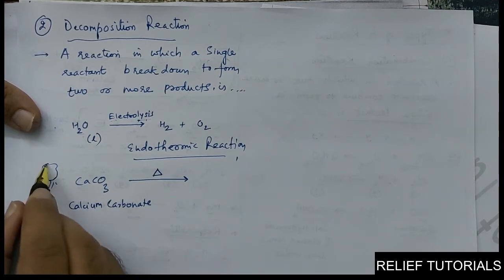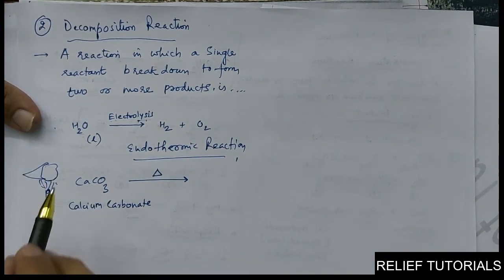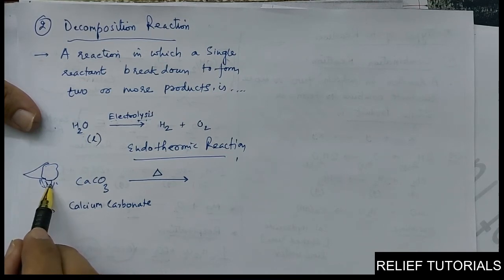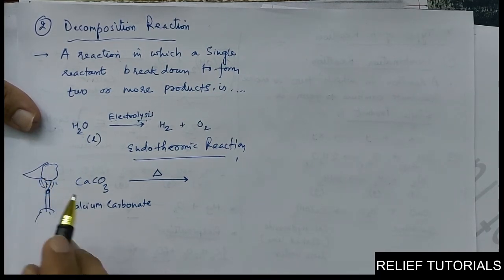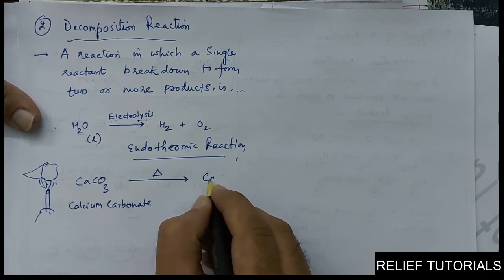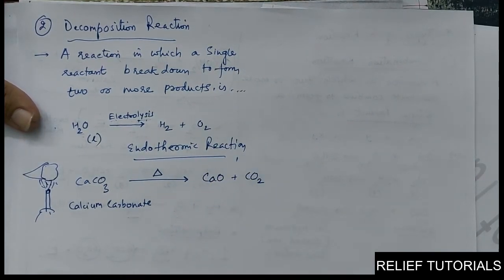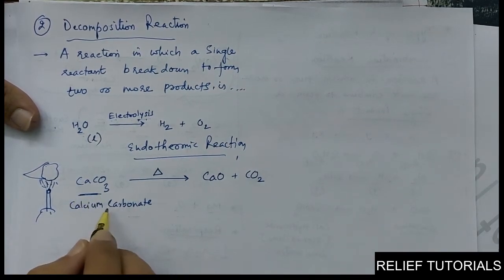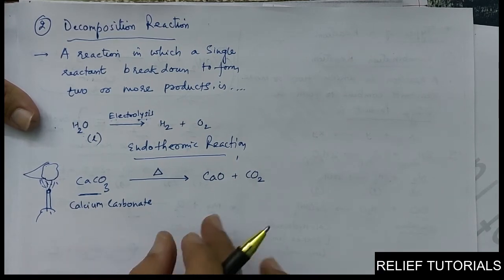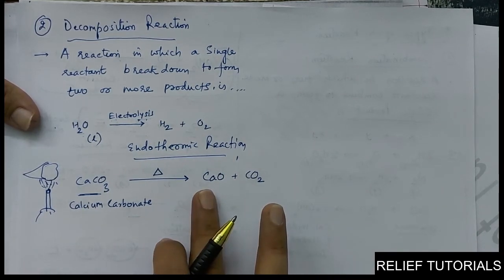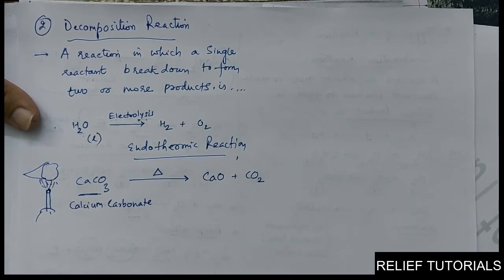Using the pair of tongs we have held this, and we are providing heat nearly at 1000 degrees Celsius or more. It is broken into two molecules, CaO and CO2. So CaCO3, calcium carbonate, is broken into two molecules, calcium oxide and carbon dioxide.